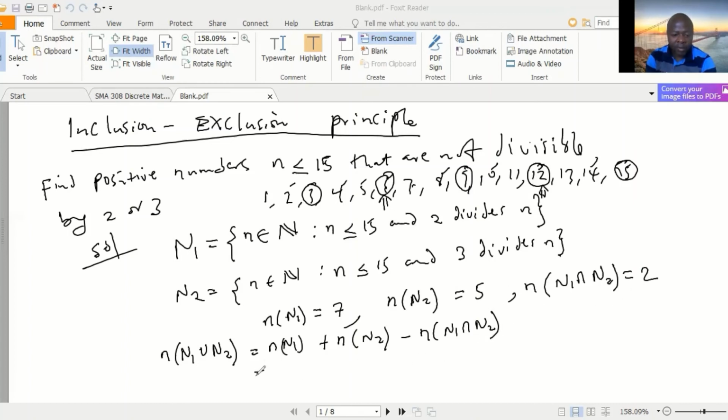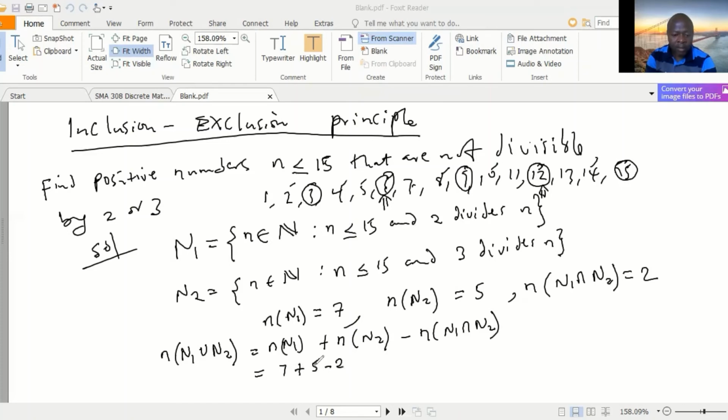And therefore, the number of elements divisible by 2 was 7, those divisible by 3 were 5, and those in the intersection, divisible by both numbers, would be 2.